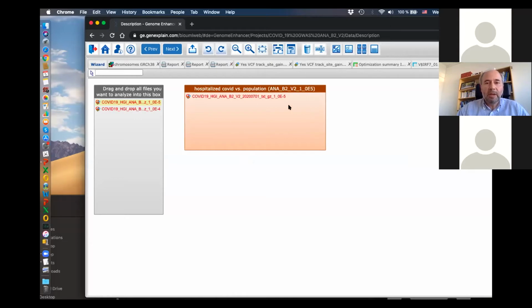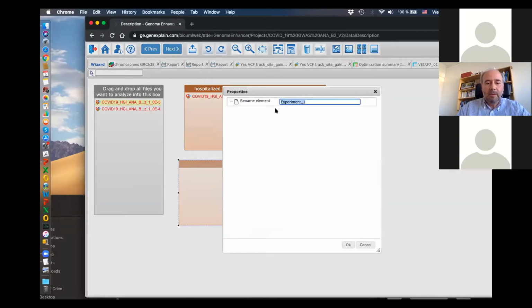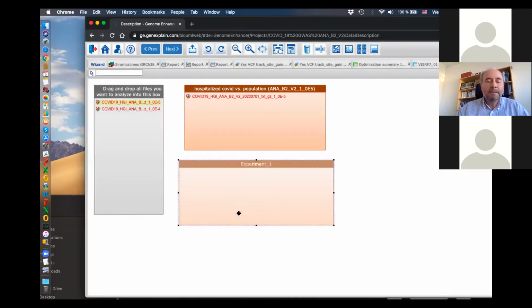As you see here, we already used a category for those SNPs with a cutoff of 10-5. We can create a new category with another set of SNPs. Let me call it, new, for instance. And then we drag and drop it here and press next.